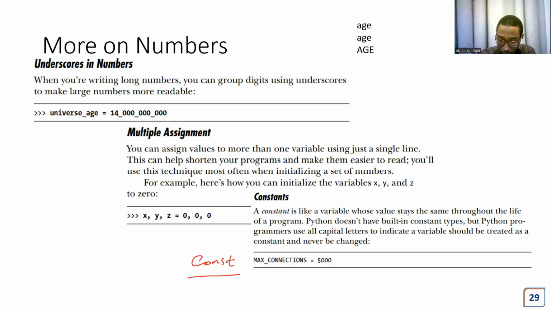But we have some convention we follow when we are trying to define a constant, and that is to use uppercase. So if you use uppercase for the name of the variable, when I'm reading the code, I will understand that this variable is a constant.